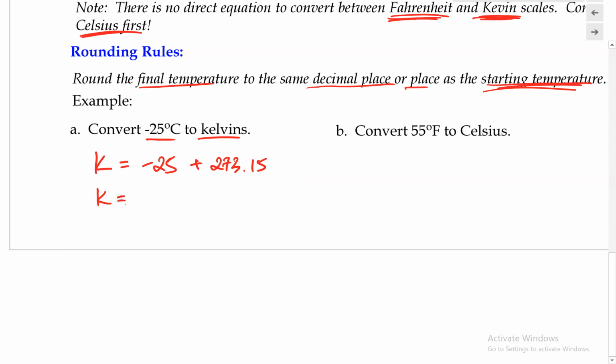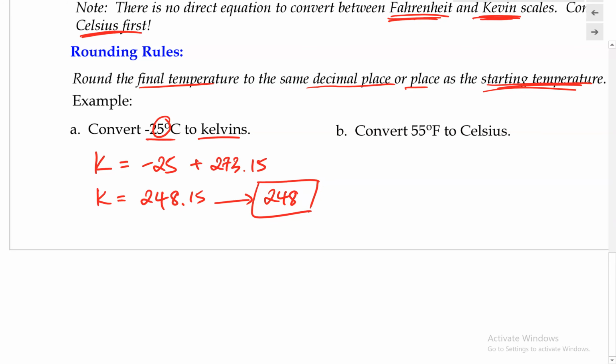And solving for this, it is equal to 248.15. And now we have to round this to the ones place because we started with the temperature in Celsius to the ones place. So we have to round this to the ones place, and that is equal to 248.